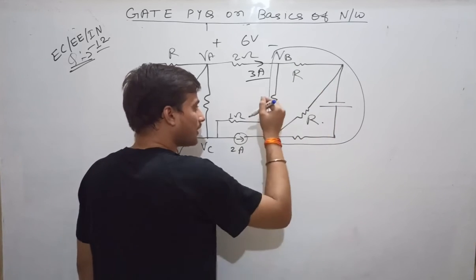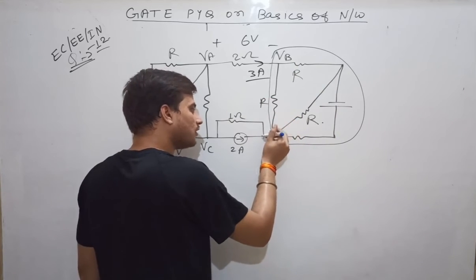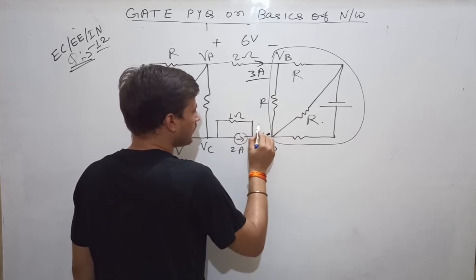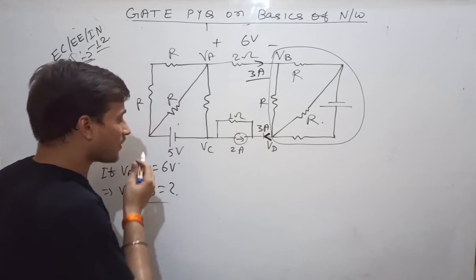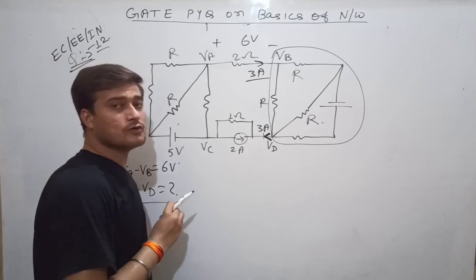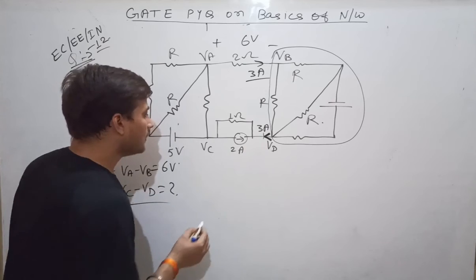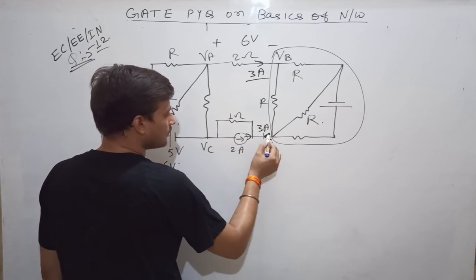But at last the sum of current of all these three branches will be equal to nothing but 3 ampere. So here the current will be equal to 3 ampere. If this current is equal to 3 ampere, this current is 2 ampere. So 2 ampere is entering here, 3 ampere is entering here.